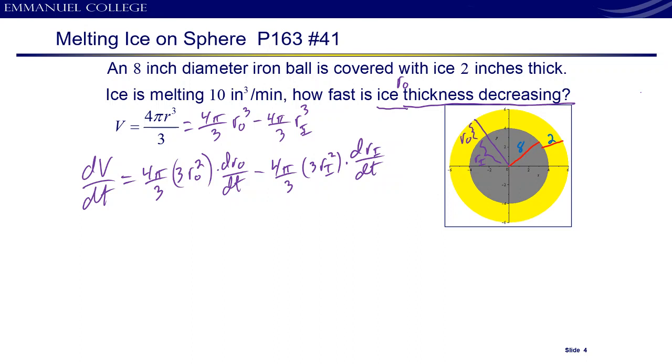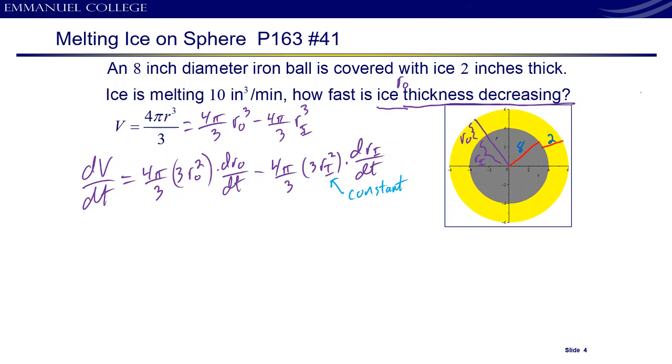This is where it gets important because the inner radius is constant. The iron ball is not changing as time goes on.